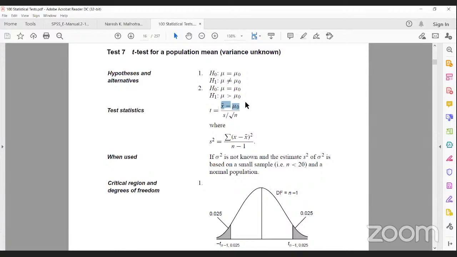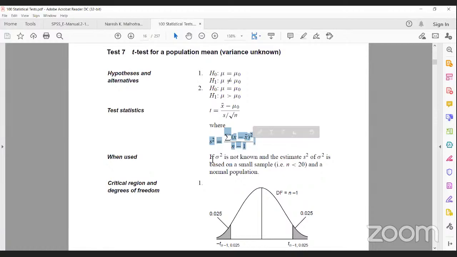That is how we compare the mean of a sample with a population. And S by root n, where S is the sample standard deviation. This is the formula for a t-test for a single mean.